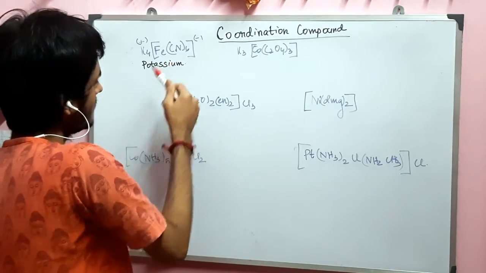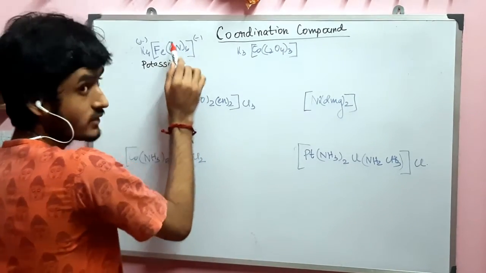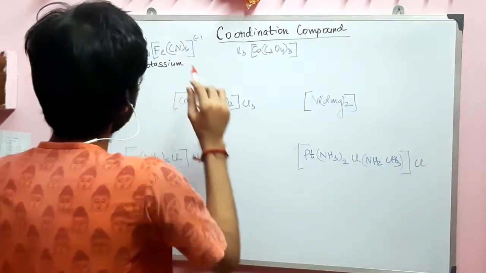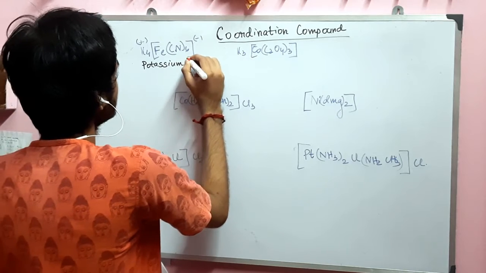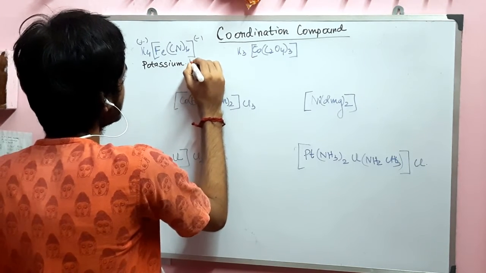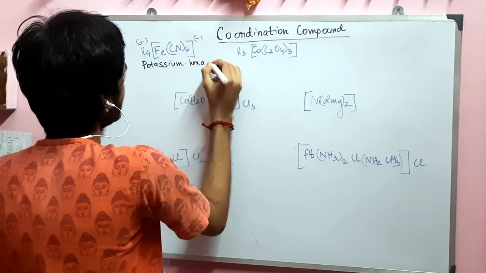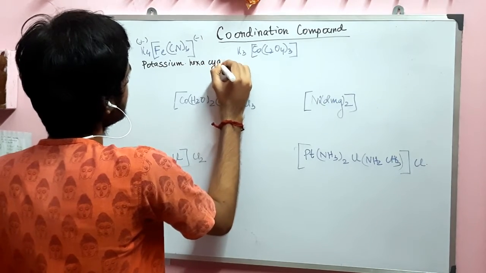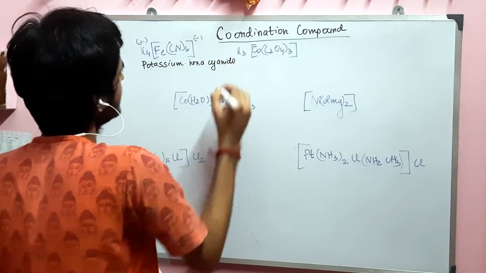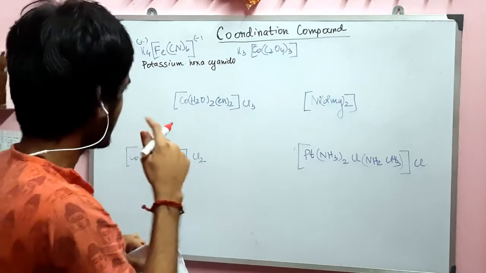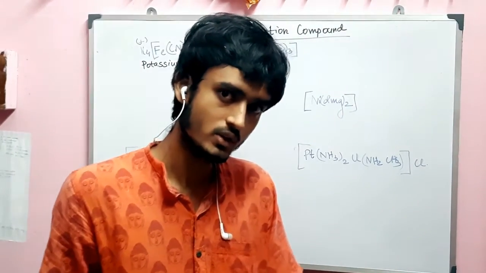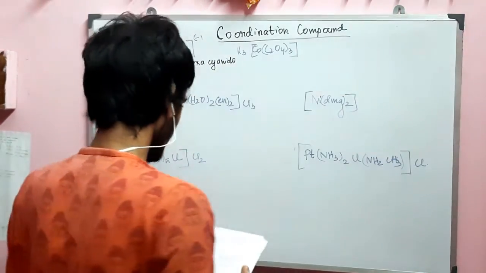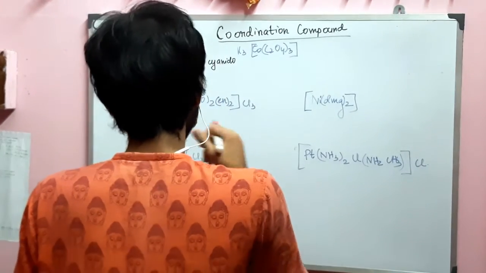We name the ligands first. Remember, I have taught you ligands first. Then it is hexacyanido. Why cyanido? Because it is an anionic ligand.